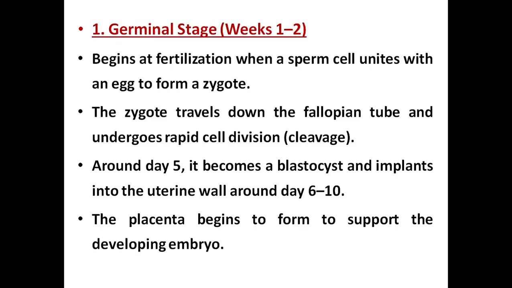Around the 5th day, it becomes a blastocyst and implants into the uterine wall around days 6 to 10. Okay, so once the zygote embryo is implanted into the uterus, it will grow in the uterus till delivery. The placenta begins to form to support the developing embryo.